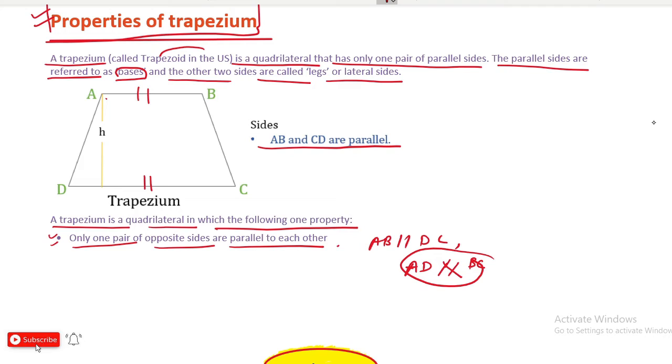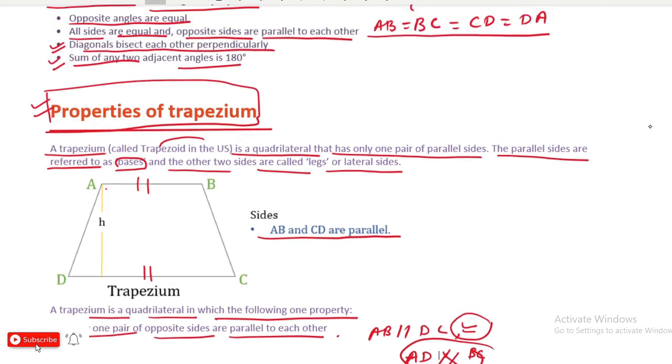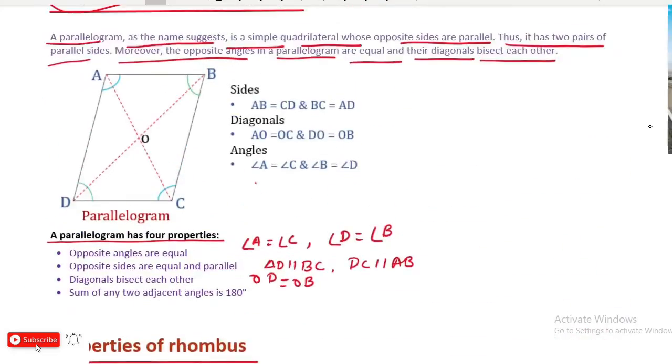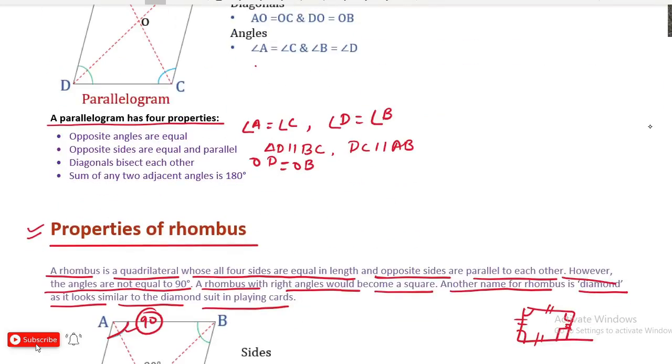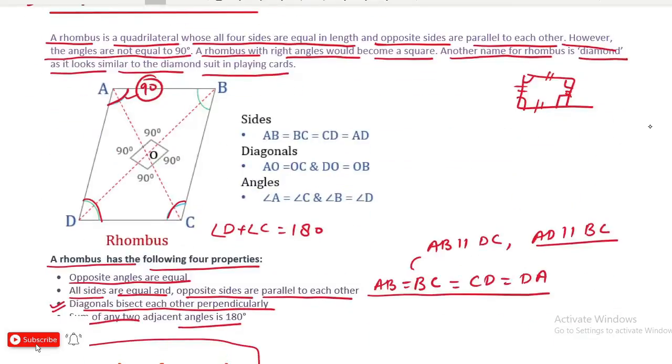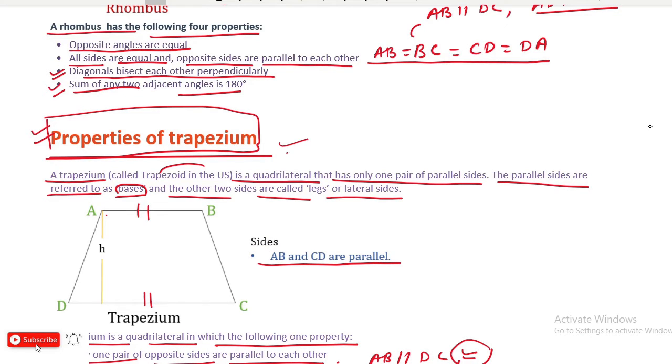Means in the trapezium only one pair of sides is parallel. Okay. Now our exercise 3.2. In your syllabus only three are important. First parallelogram, second your rhombus, and third your trapezium. Okay, now we can start our exercise 3.2.